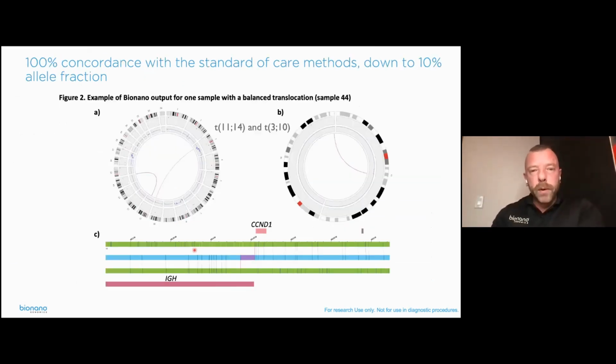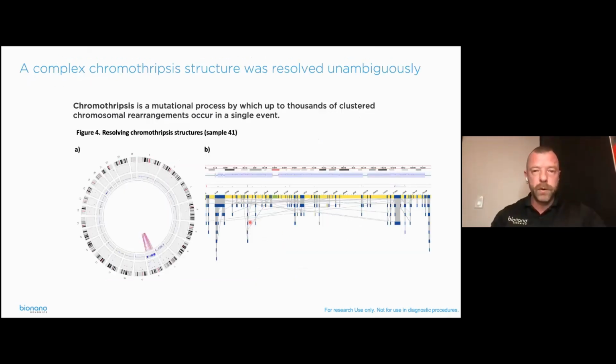So here's an example of an IGH translocation, which is a very common one in leukemias and typically detected with a break-apart FISH probe, where you know that there's a translocation, but you don't know what the translocation partner is. And then you need to go fishing really to identify which gene that is. With Bionano, of course, you immediately find that translocation partner.